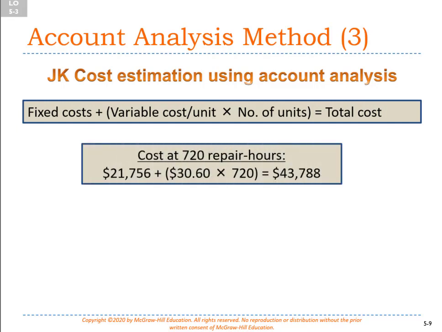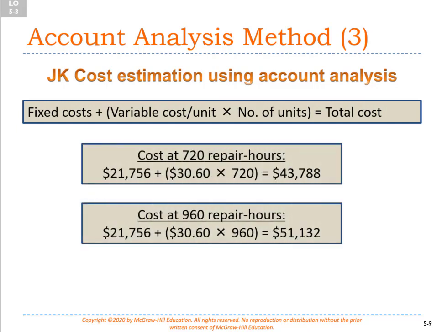So after we're done with breaking into two piles, we take our variable cost totals and divide by the number of units to get our variable cost per unit, and we take our total fixed cost.